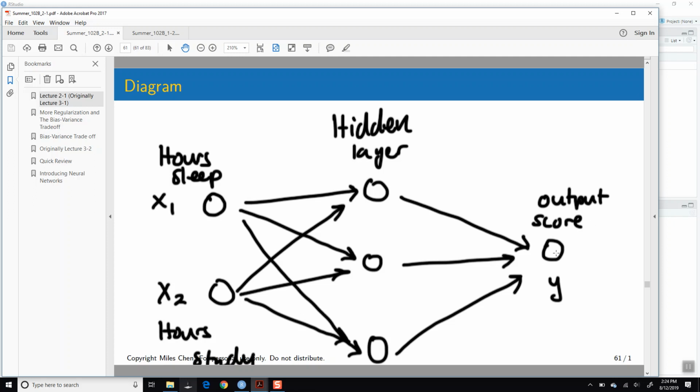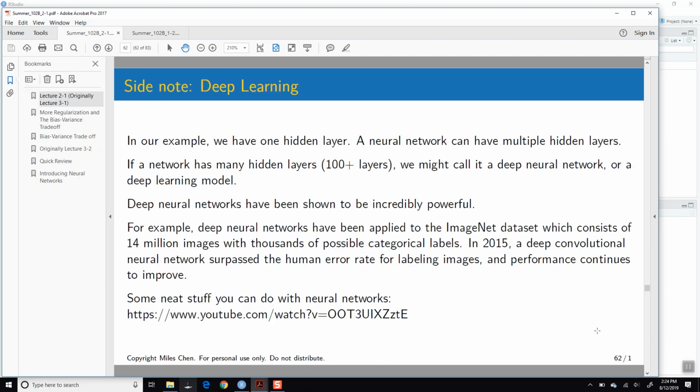If we had multiple nodes in the output layer, every single node in the hidden layer would be connected to every node in the next layer. Is this okay for this picture? Again, you can have over 100 layers, and we call that a deep neural network.